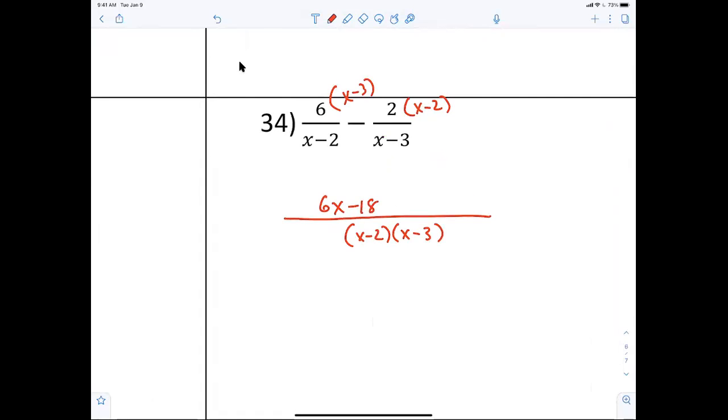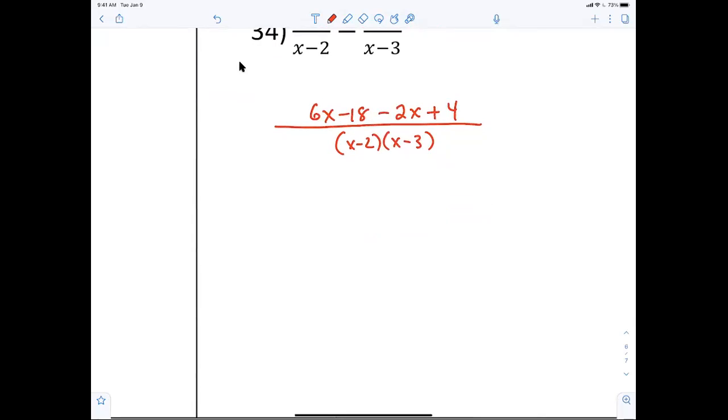A negative 2. So that becomes 2x minus 4, negative 2x, what? Plus 4. Then you can combine the 6x. What is that? 4x. And then negative 18 and 4, and that'll be negative 14.